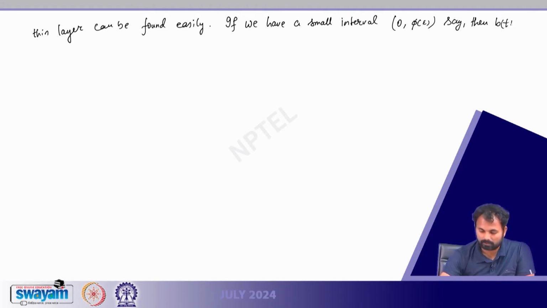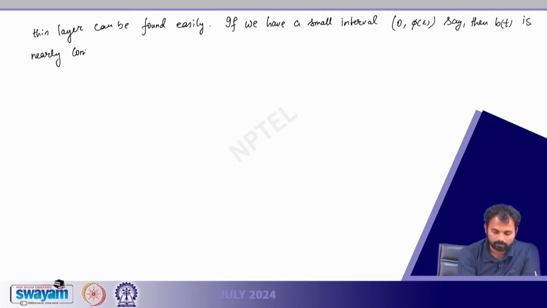b of t is nearly constant there, that is b of t equals b0.